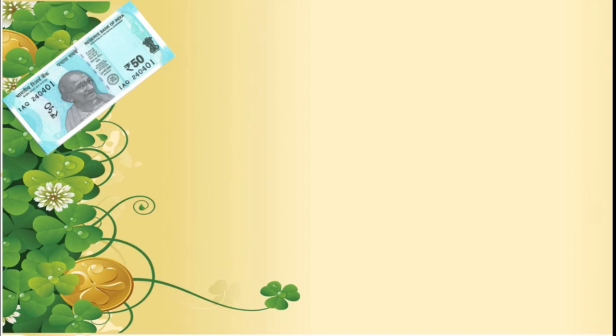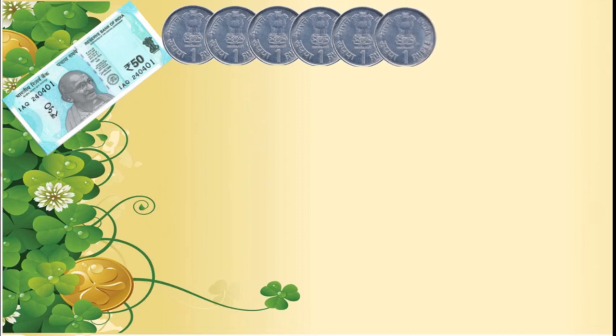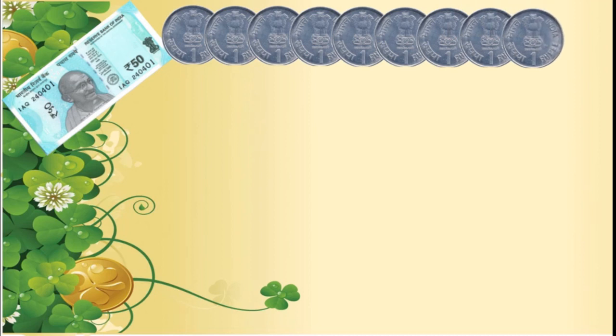We'll see. 1 rupee, 2, 3, 4, 5, 6, 7, 8, 9, 10. Means these are 10 rupees because the coin has a value of 1 rupee, isn't it? 10 coins means that is 10 rupees. Now this became 10 rupees. Now we need 20, 30, 40, 50. Isn't it? Again 10, 10, 10, 10 we need.